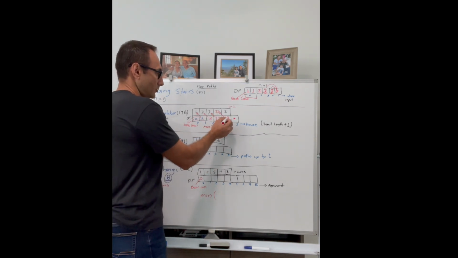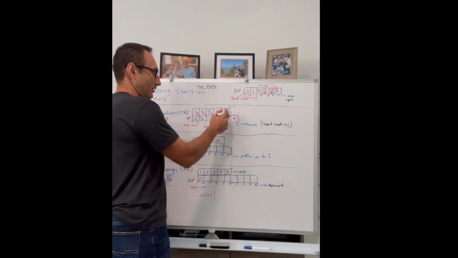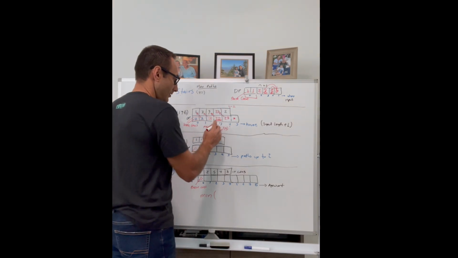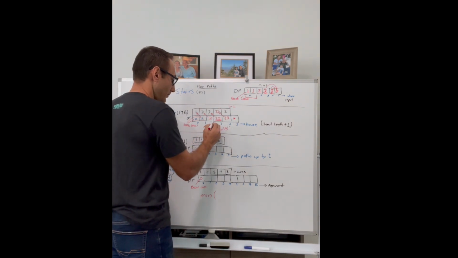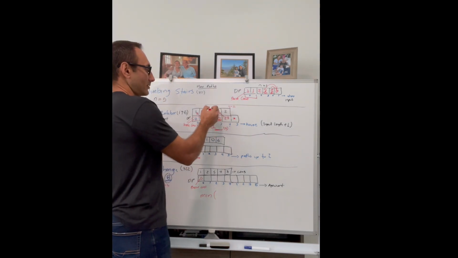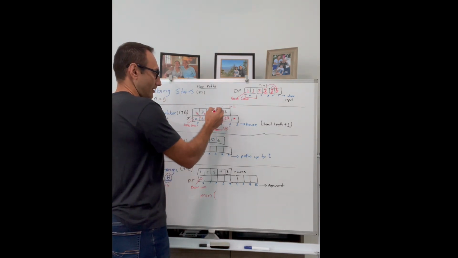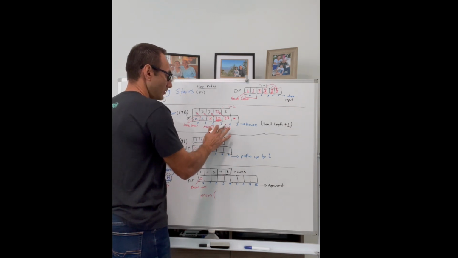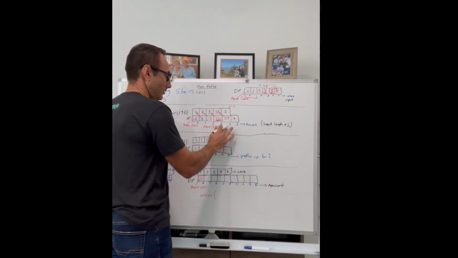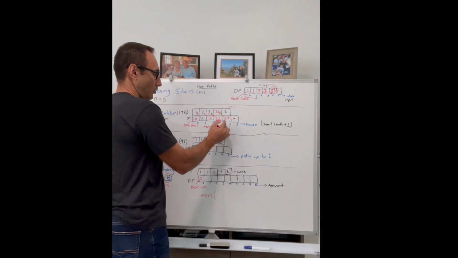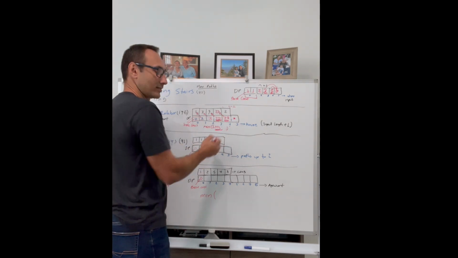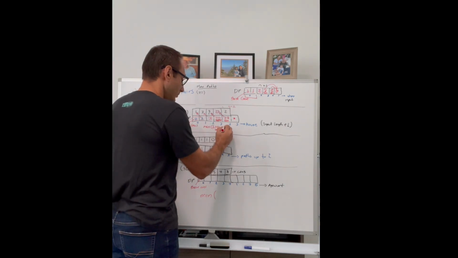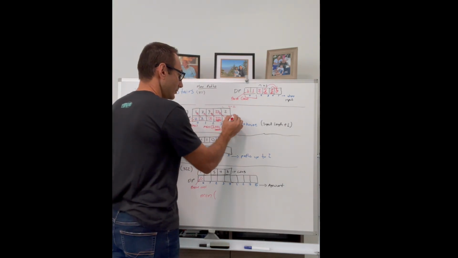Is it better to keep the money I had, to get the money that I have in this house plus the one that I had before, or keep the money that I had in the previous house? 23, of course, 23, right?